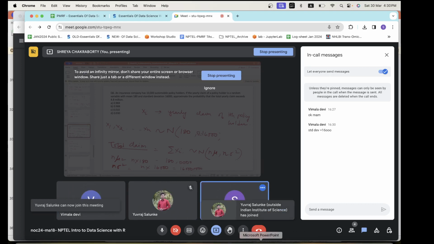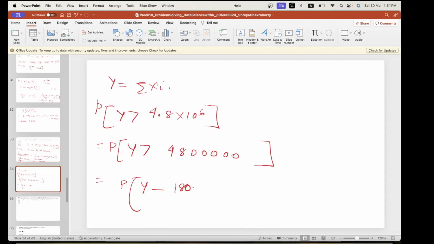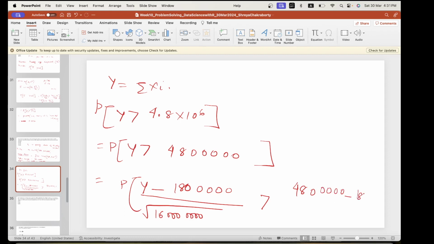So this probability is Y minus 180,000,000 divided by square root of 16,000 into 10,000, greater than 480,000,000 minus 180,000,000 by square root of 160,000,000.